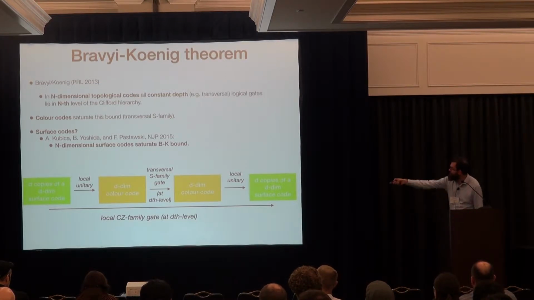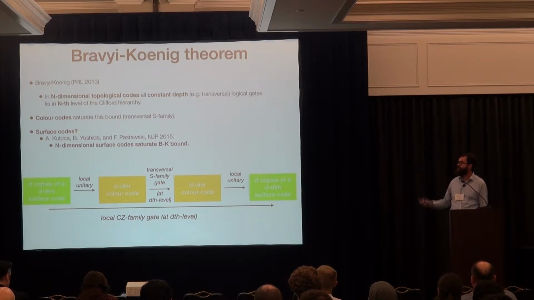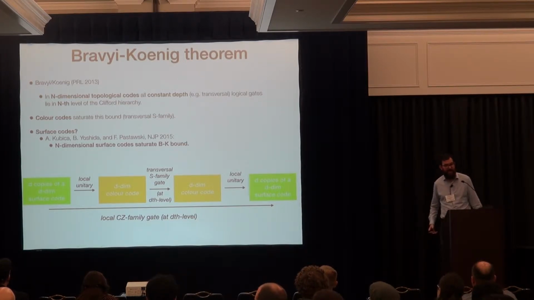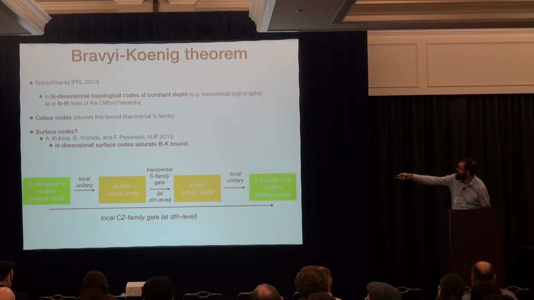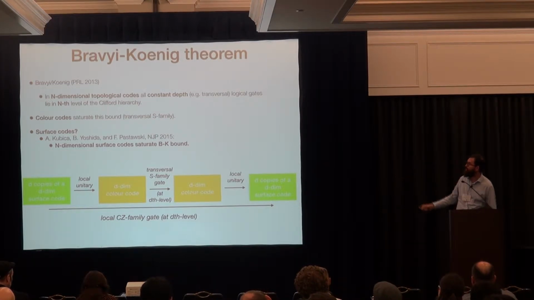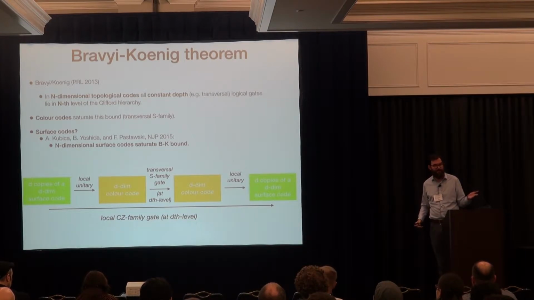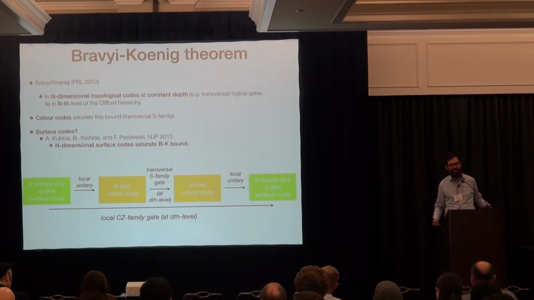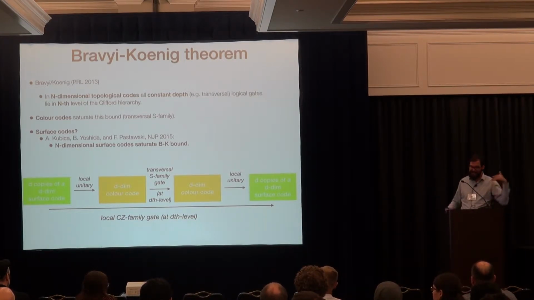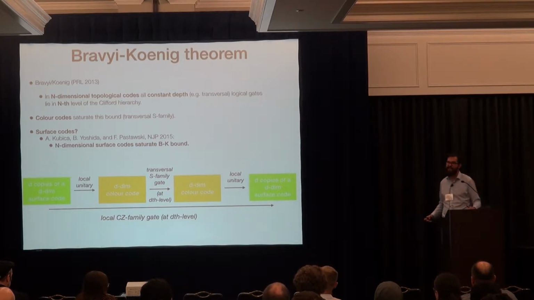But then in this lovely paper from a few years ago, Kubica, Yoshida, and Pastawski showed that by transforming surface codes into a color code and using the fact that color codes saturate this bound, and applying a transversal gate at the Dth level of the hierarchy on the color code, and then transforming back, you get a Dth level of the hierarchy local gate on the surface code.